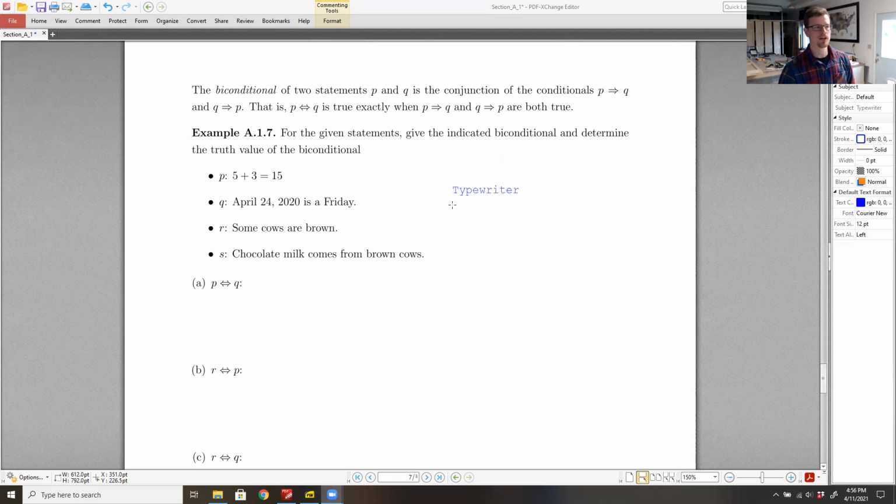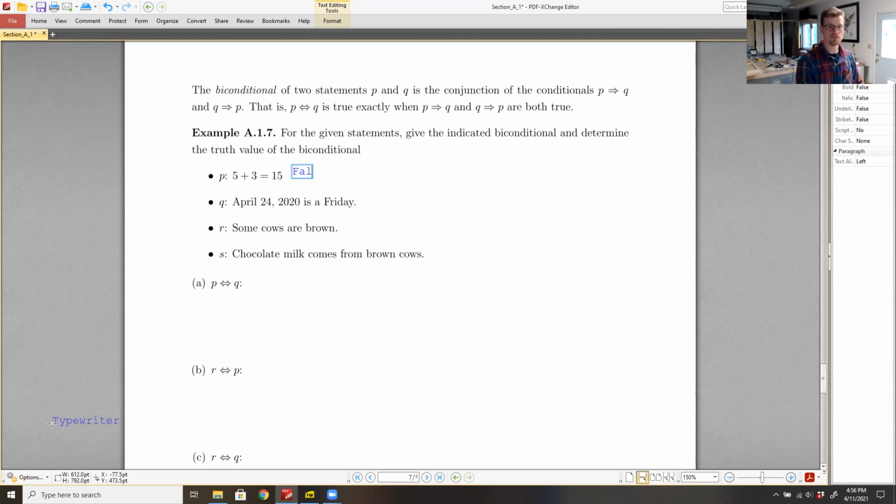Again, the truth table we'll take a look at later in our next section. But for this section, we want to consider a couple of biconditionals and determine if they themselves are true or false. So we still want to work with whether the component statements are true or false.